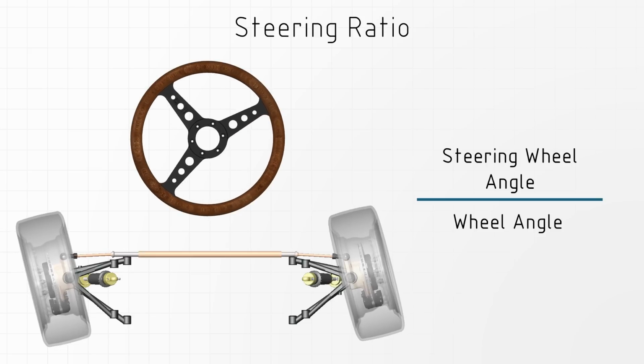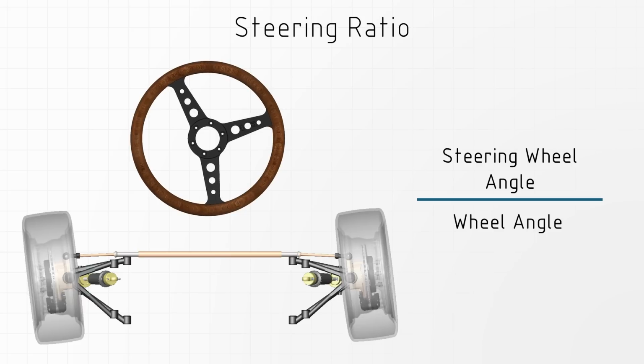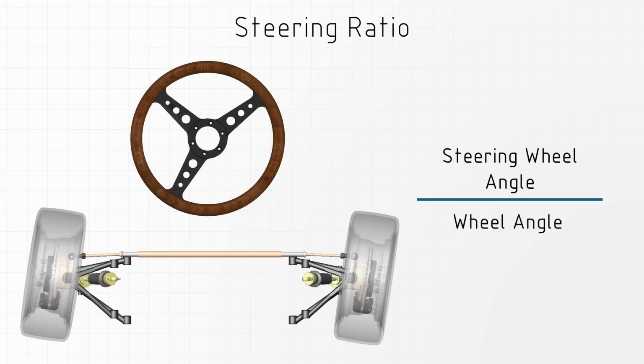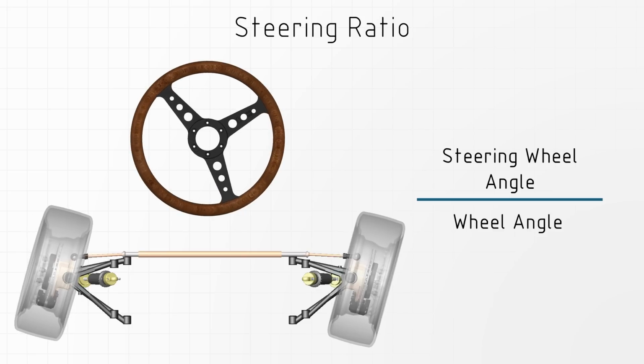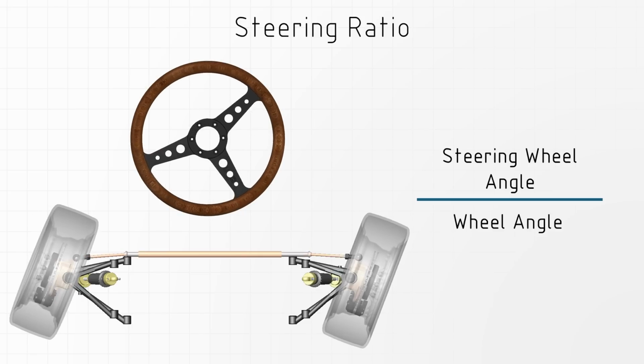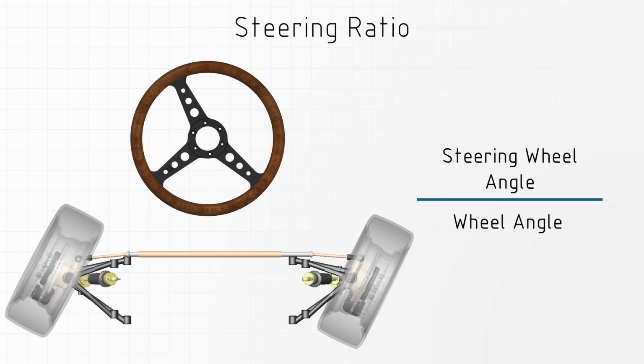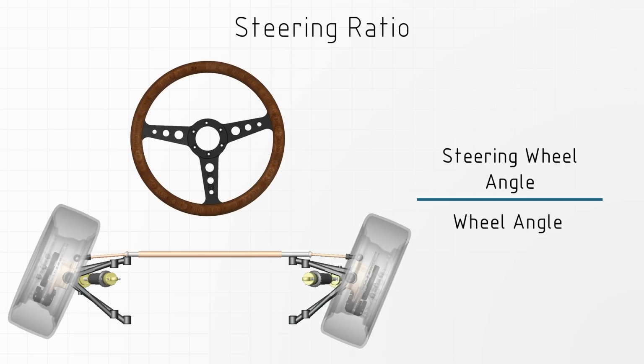We also want to consider things like slop in the steering system. So if we have a really low ratio, any slop in that steering system is going to feel magnified. This is really noticeable if you drive a racing car with a really low steering ratio. You really need to make sure that all of the slop in that steering system is taken out.